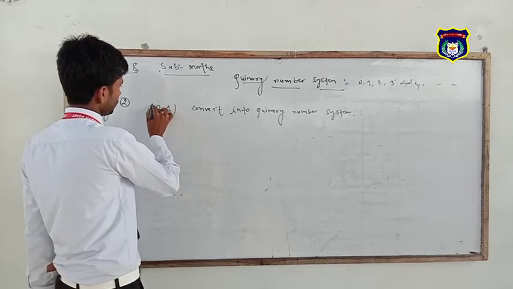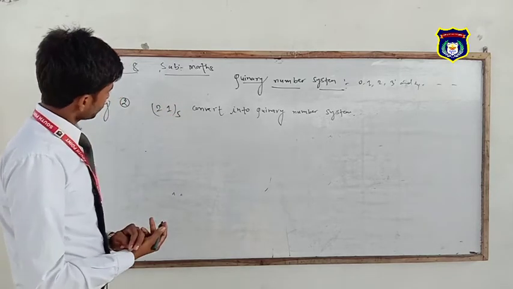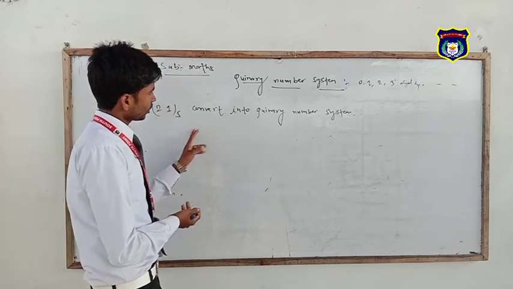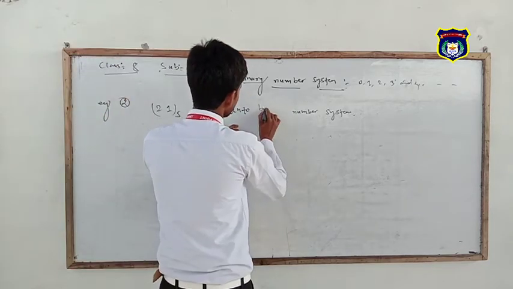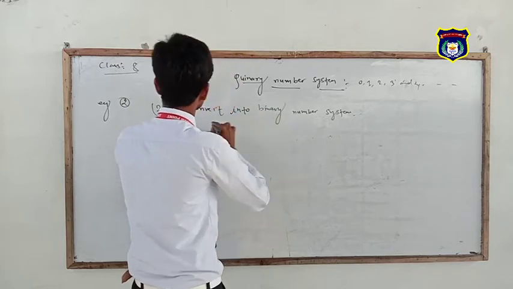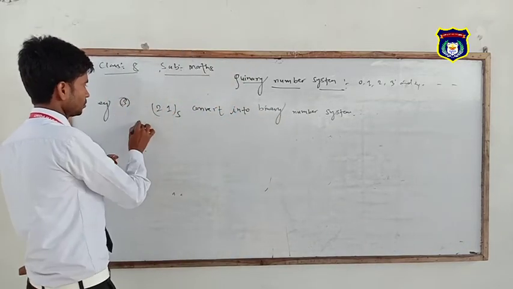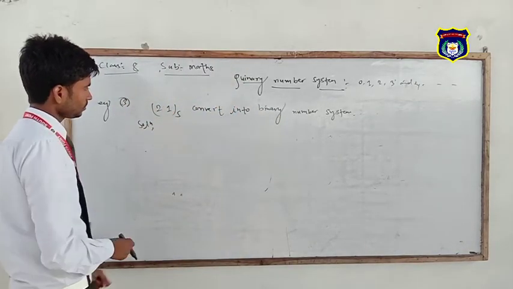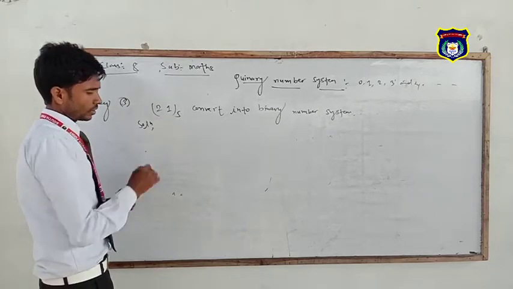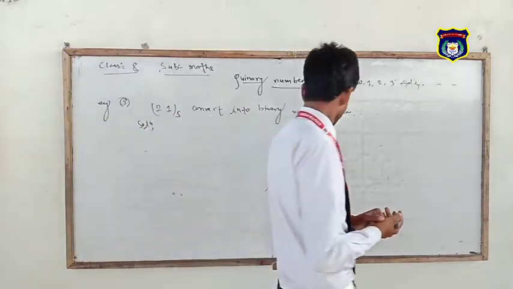Suppose 21 is a quinary number to convert into binary. Example number 3. Solution: first of all, 21 is quinary, so convert quinary into decimal.